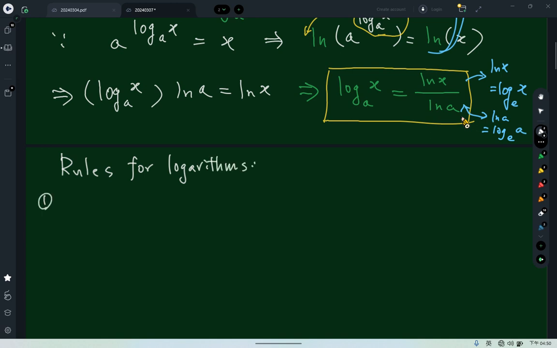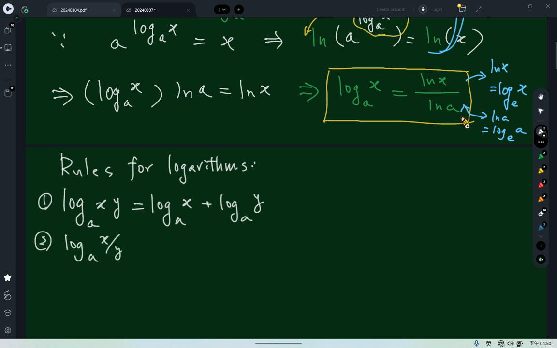The first one is log base a of xy is equal to log base a of x plus log base a of y, right? And the second rule goes from division to subtraction, and we find that the result is minus log base a of y.